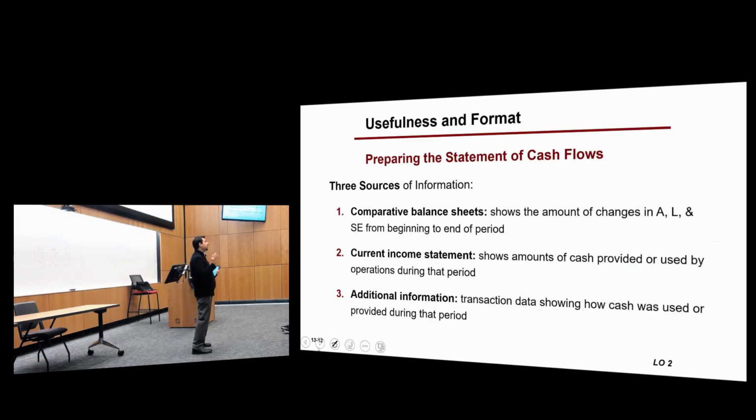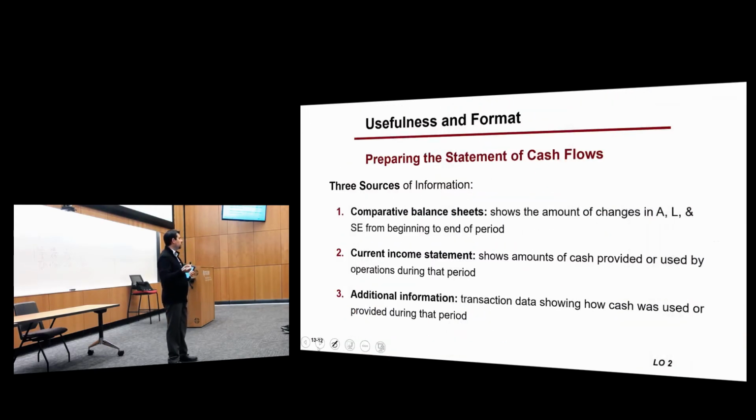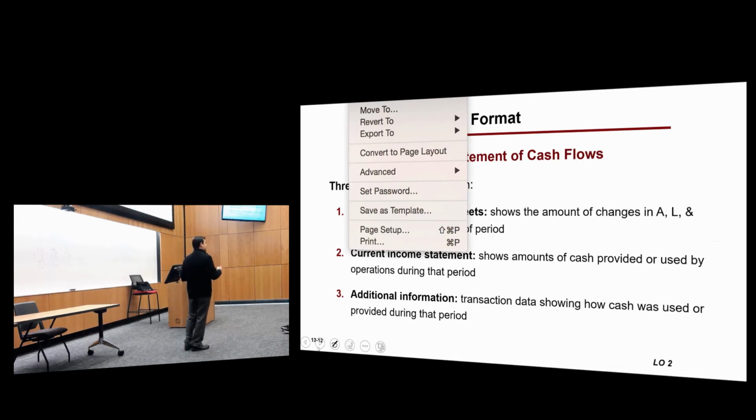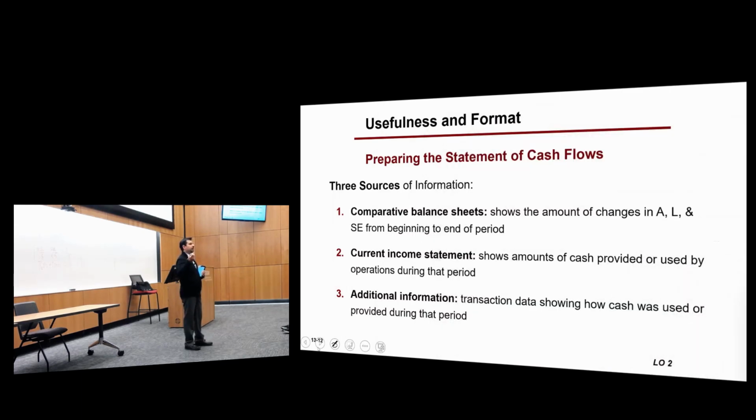Just don't get mixed up between investments and financing. Don't get mixed up between interest expense and interest revenue on one side, which are operating activities, and dividends. Basically, dividends that the company receives as revenue are an operating activity, while dividends that the company is paying to its shareholders are different.